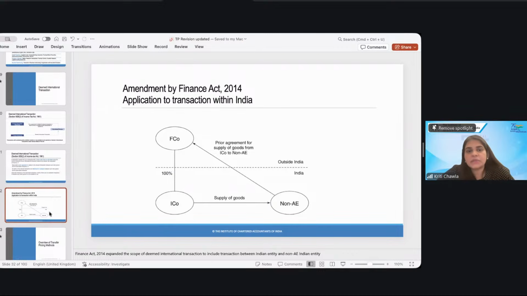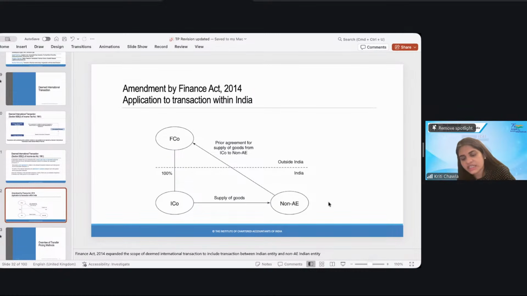This was the amendment that was introduced by the Finance Act of 2014. The Finance Act of 2014 expanded the scope of deemed international transaction, and they included transactions between an Indian entity and a non-AE Indian entity. So in this example, the transaction between ICO and this non-AE, they're both in India. This transaction can also be a deemed international transaction.